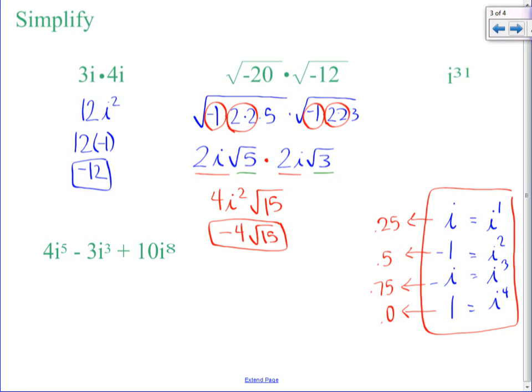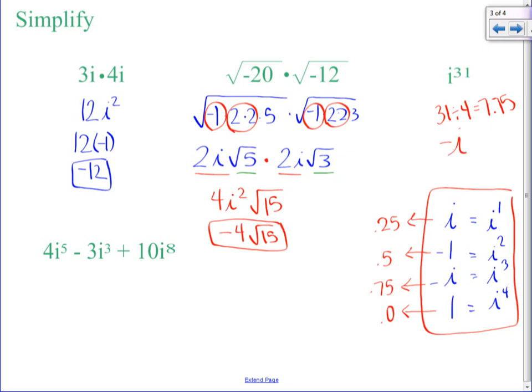So if we have 31 right here, tell me what 31 divided by 4 is. 7.75. Okay, so that lines up with i to the third, which means it simplifies to be negative i.